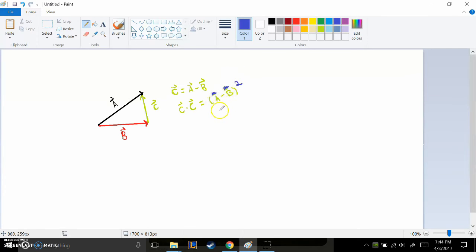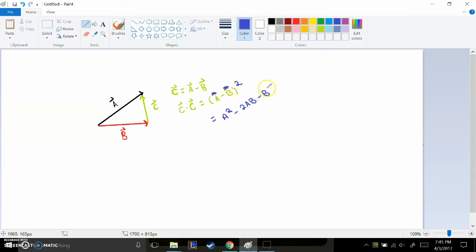So by the binomial theorem, when we expand this, it's going to become A squared minus 2AB minus B squared.